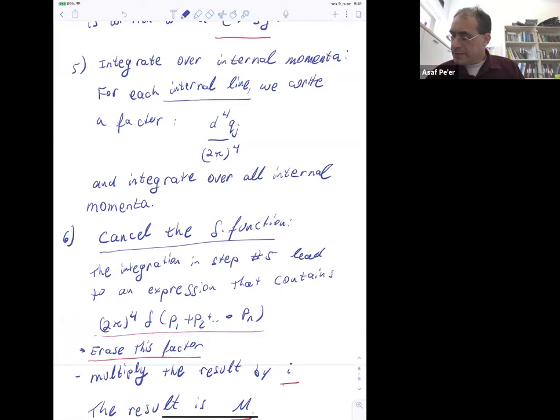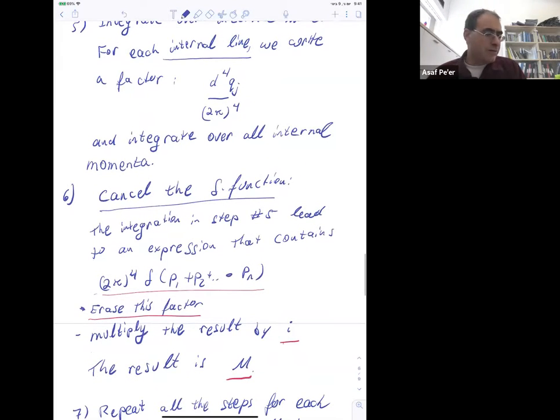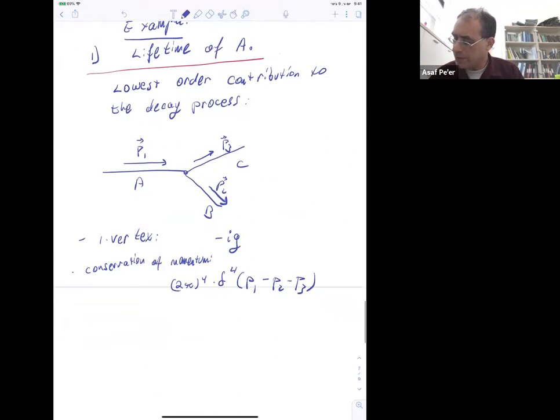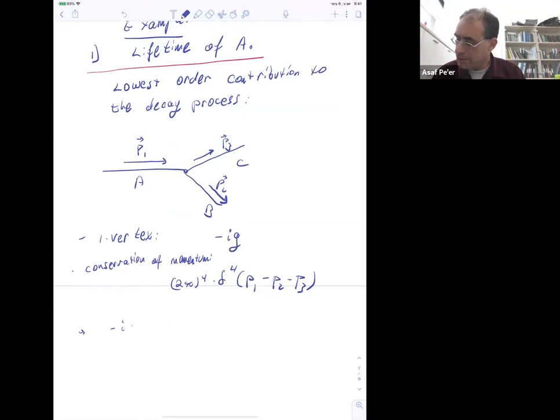So rule number 6 tells us that we need to cancel the delta function and replace it by i. So far we just had a minus iG times 2π^4 δ^4(P1 minus P2 minus P3), right?